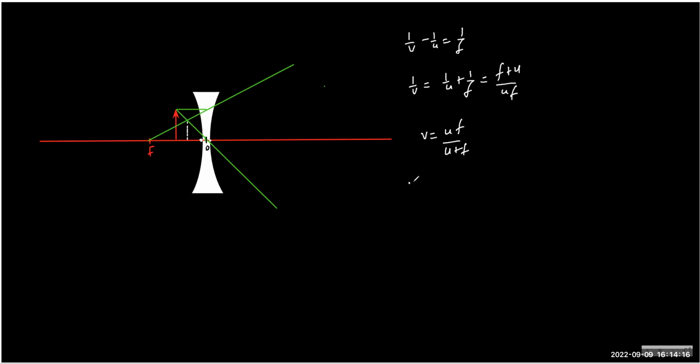And what was the magnification? f by u plus f. And what is u here? 0. It means it will become of the same size. For a paraxial object, if there is a tiny object close to the optical center, then it will be of the same size. Understood? Yes, sir. Is this clear? Okay.